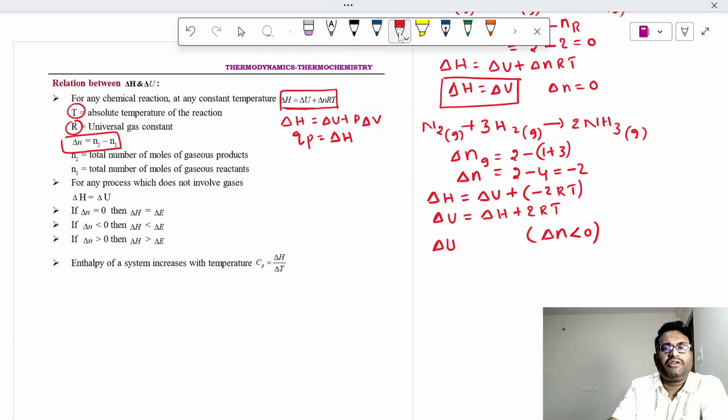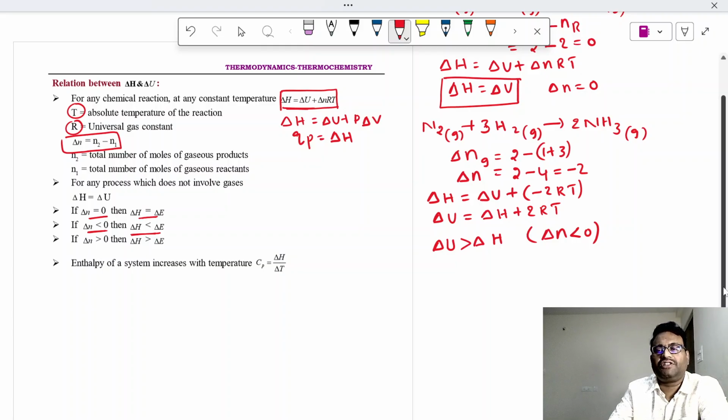Delta U will be greater than delta H, right? Delta E is nothing but delta U. Okay. So delta U is greater than delta H when delta n is less than 0. When delta n is equal to 0, delta H is equal to delta U. Okay.